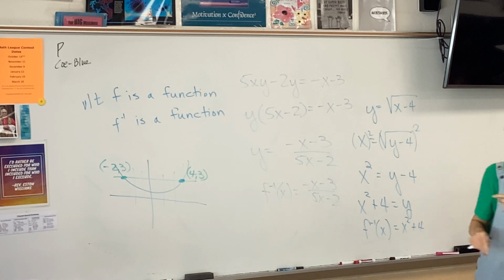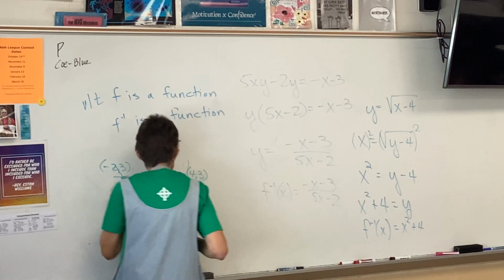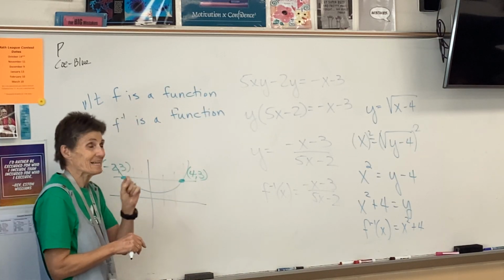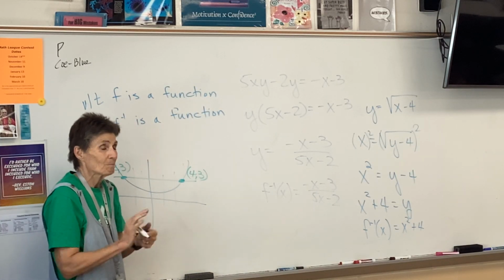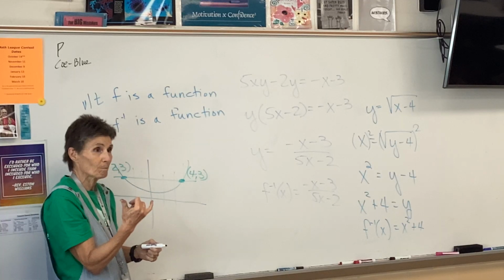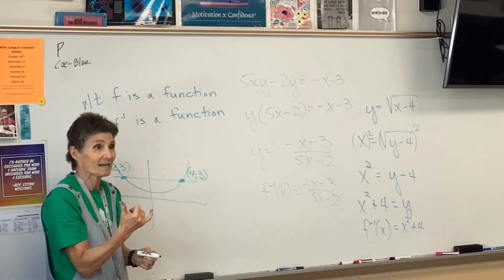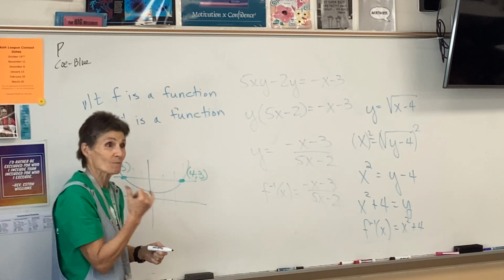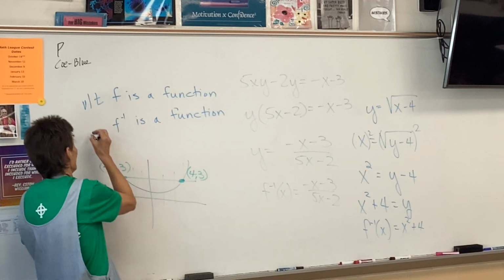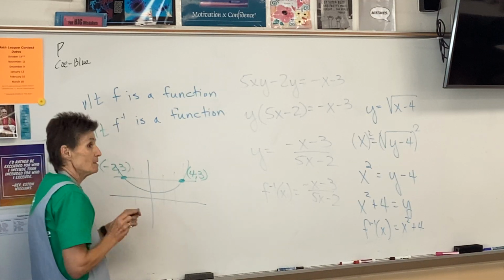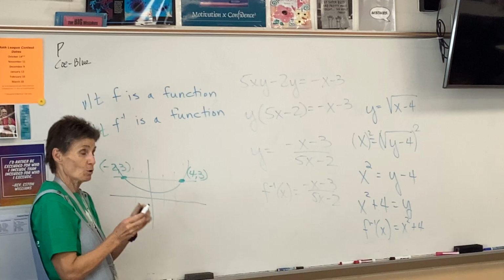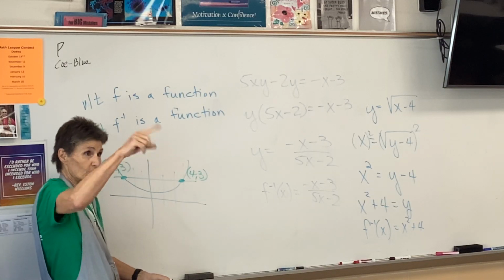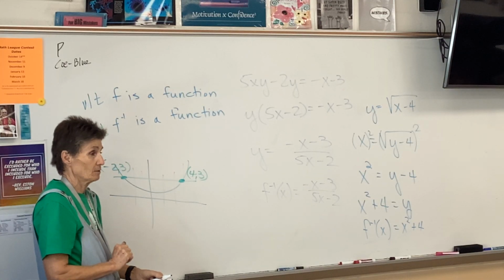So the blue thing is a function, but its inverse is not, because if I switch the ordered pairs, now the x's are repeating. So that's where we use the horizontal line test. If someone wants to know if you're one-to-one, do the vertical line test and the horizontal line test.